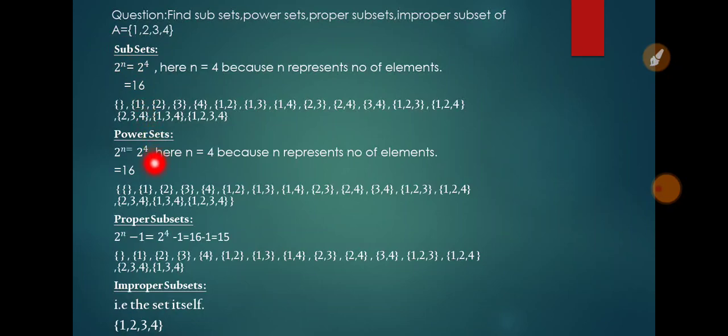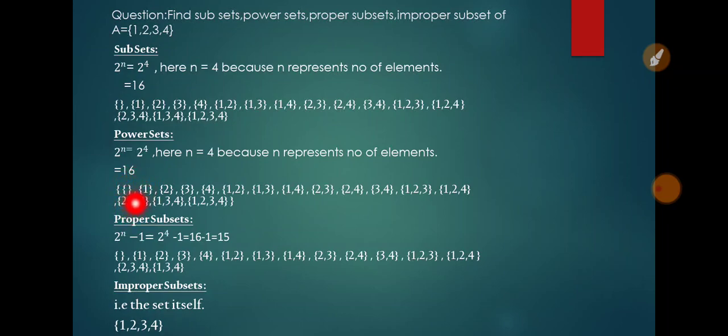Okay. Now how are we going to find out the power set? Again we are going to use the formula 2 power n. As 4 elements are there, so 2 power 4. Here n is equals to 4 because n represents the number of elements. So here we get our answer 16. So there must be 16 elements in the power set, that is, 16 subsets of A should be made.